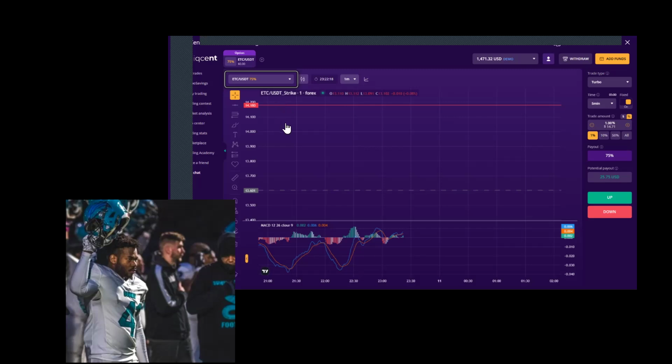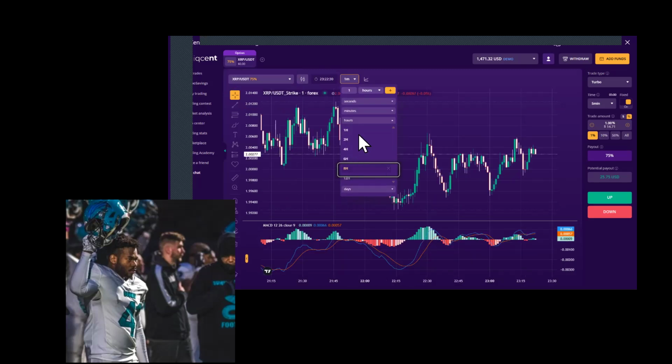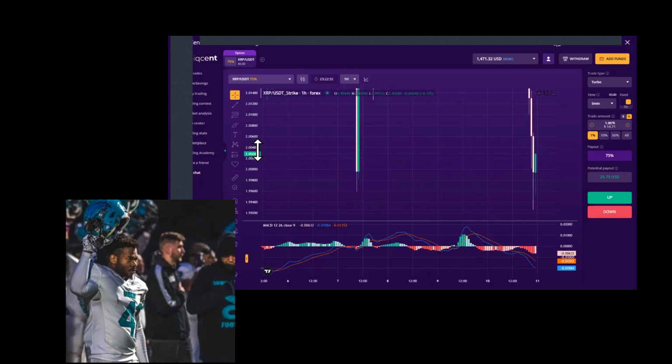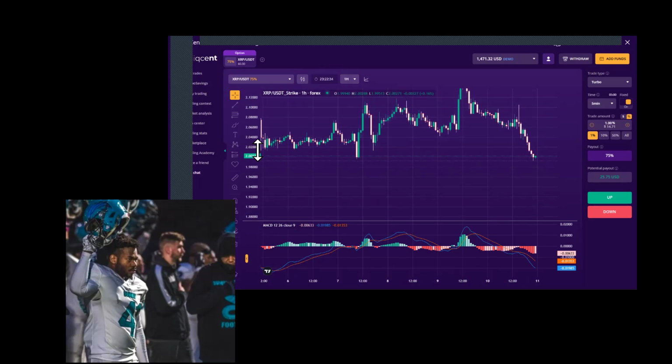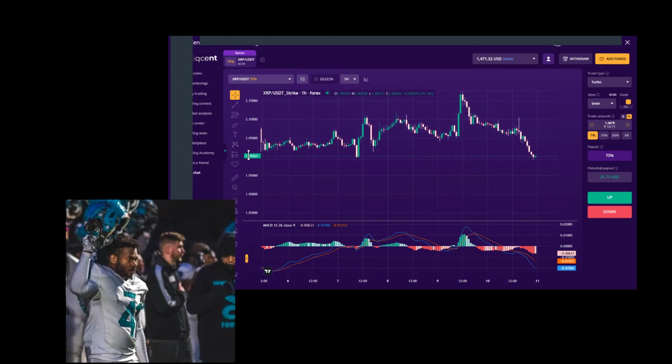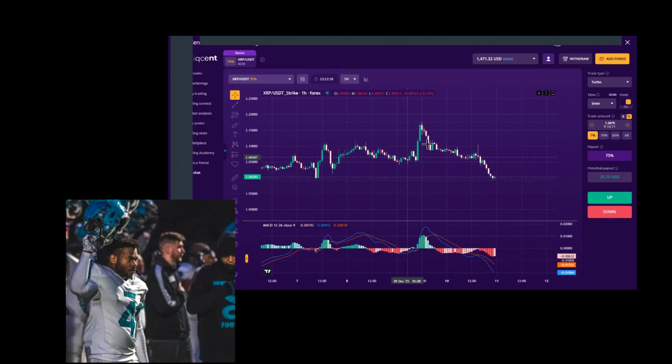But I have other pairs that I sit in, like XRP. I can cook something up in here if everything is going pretty smooth. Let's see what's happening here. It's kind of doing the same thing.